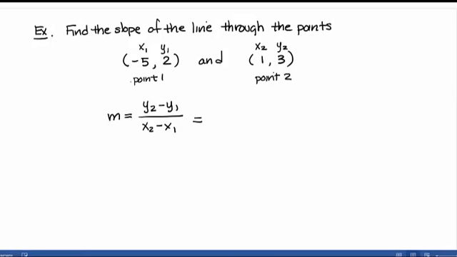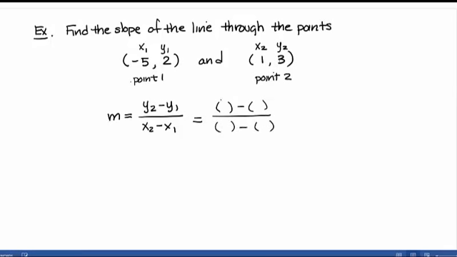Okay, so y2 is 3, right? Actually, what also helps is, remember when I told you that you can put parentheses? Let's just write it so that we have a y2, right, minus a y1 all over x2 minus an x1, right?